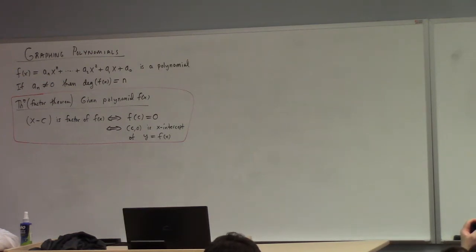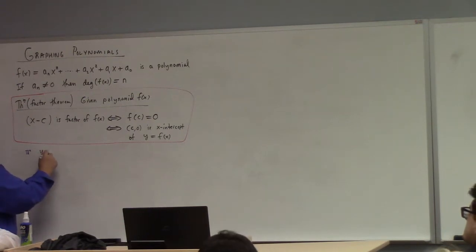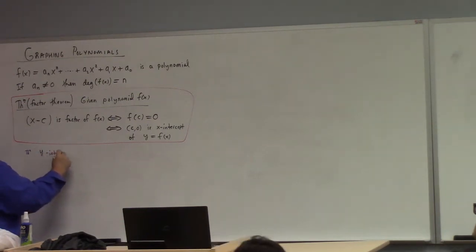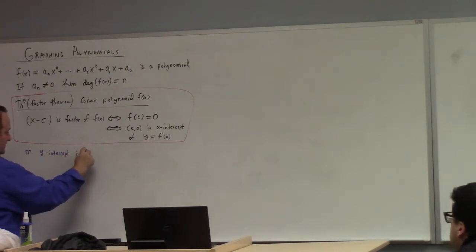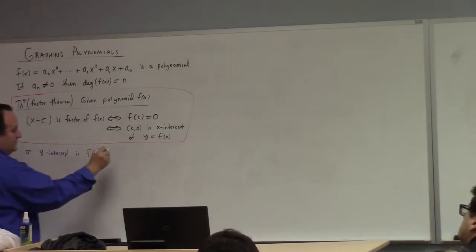There's also a little theorem. So this is a tiny theorem. And it says that the y-intercept is f of 0, which, by the way, is equal to a sub 0.